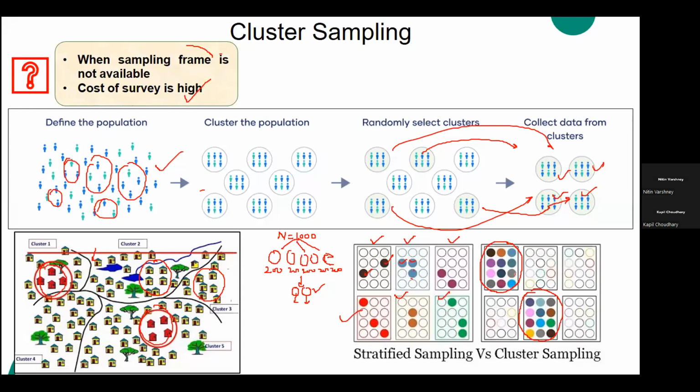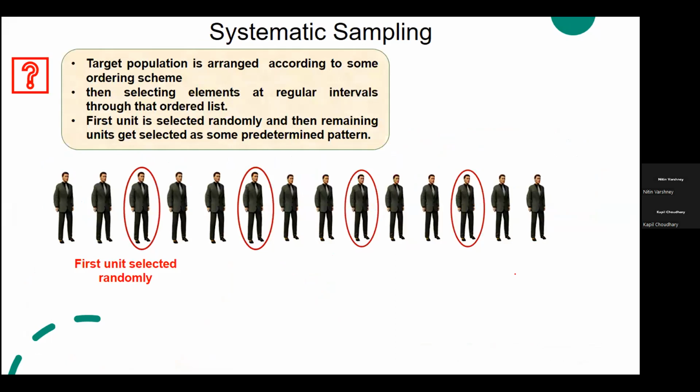Okay, next one is systematic sampling. So what is systematic sampling, and in which situation will we use this? Systematic sampling is the sampling in which we have some pattern of the population units. For example, we have different persons here, and we have to select in a row.